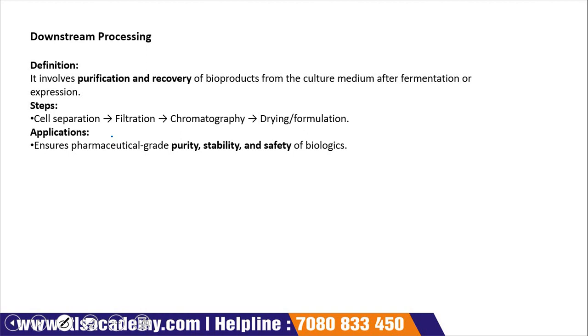Downstream processing. Downstream processing means after the fermentation process, whenever we find our target molecule or target therapeutic compound, then we purify that particular therapeutic compound, and the purification method is known as downstream processing.